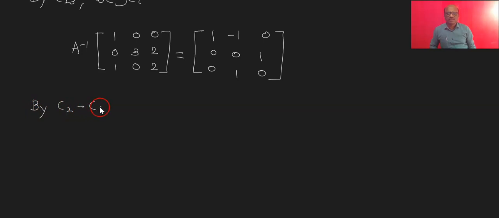C2 minus C3. Therefore, here you will get the first column as it is: 1 0 1.